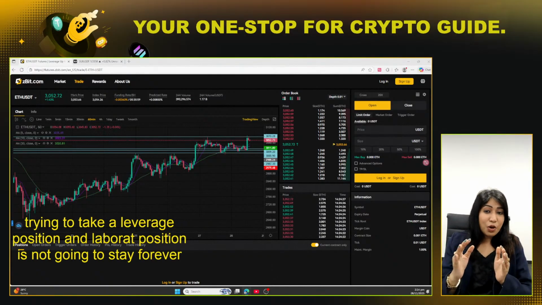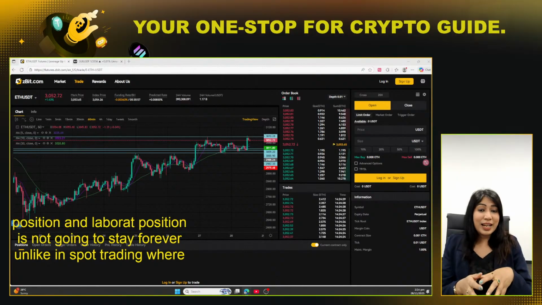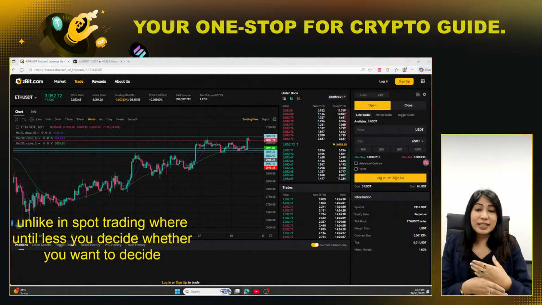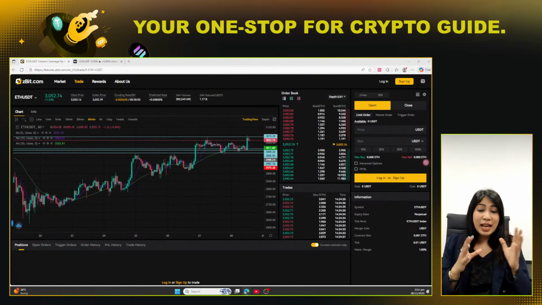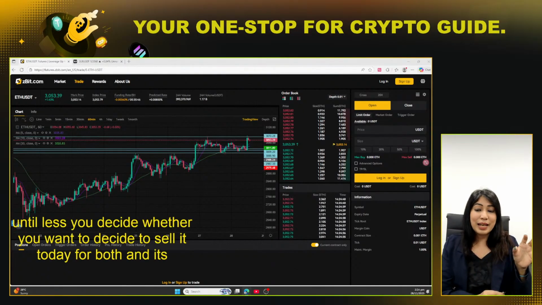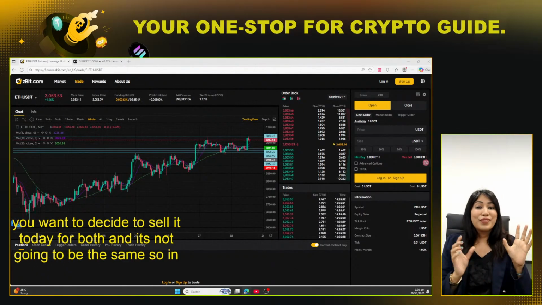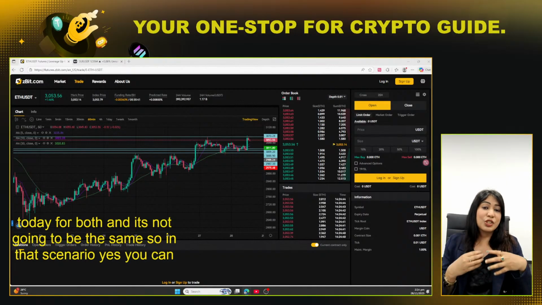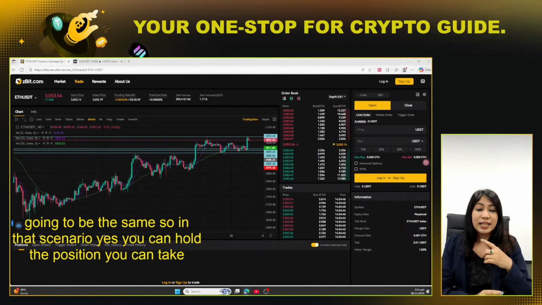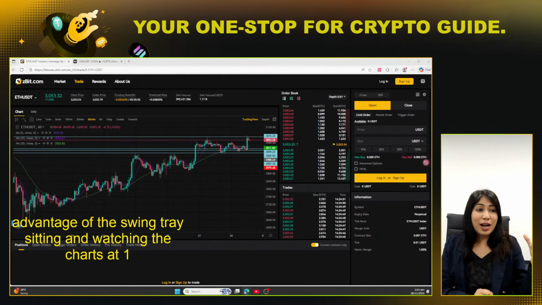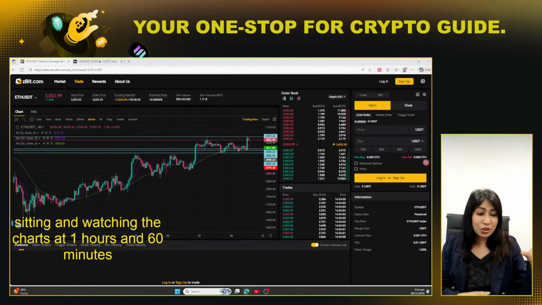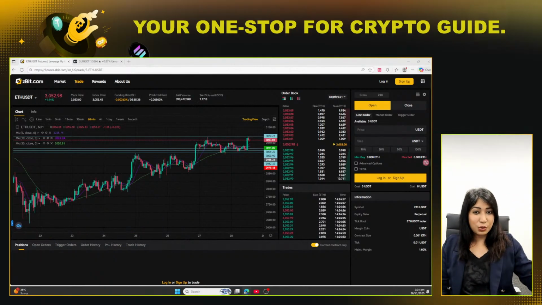Unlike in spot trading, where it's up to you whether you sell it today, 5 years down the line or 10 years down the line. That's how it differs for both. In spot, you can hold positions and take advantage of swing trades, watching the charts at 1 hour to 4 hour charts to capture the swings.